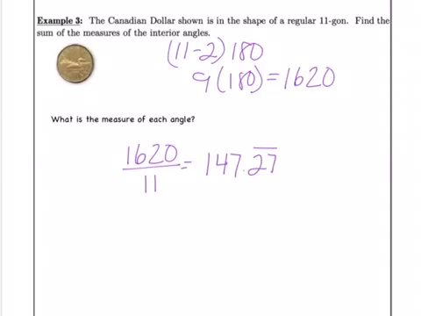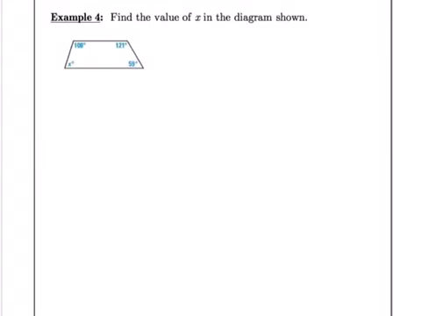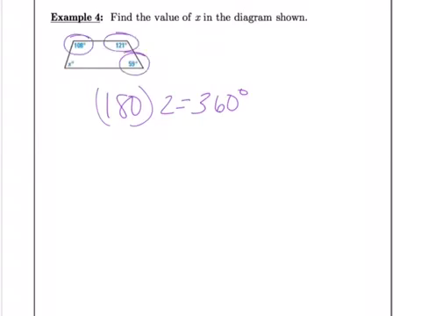All right. Looking at example number 4, find the value of x in the diagram below. So I need to know before I do anything here, I have a quadrilateral, and I know this is split up into two triangles. So with the two triangles, I would say 180 times 2 equals 360 degrees. Now I'm going to subtract out 180, 121, and 59.